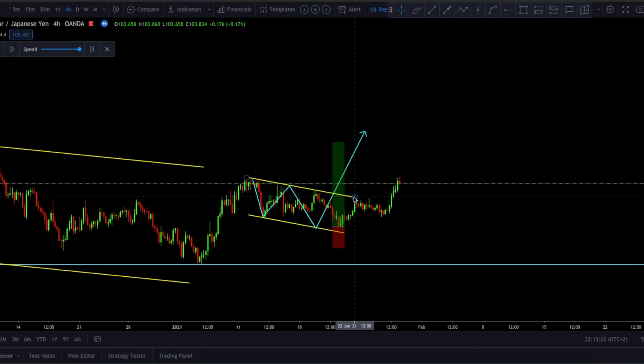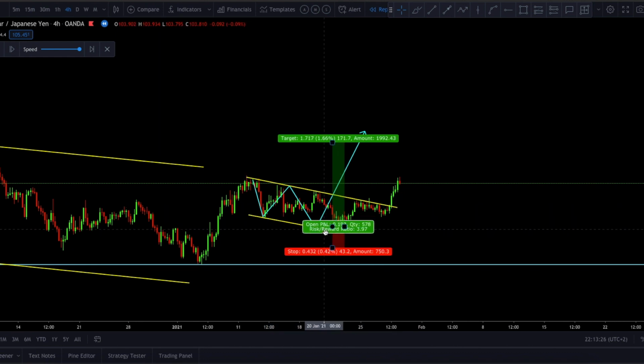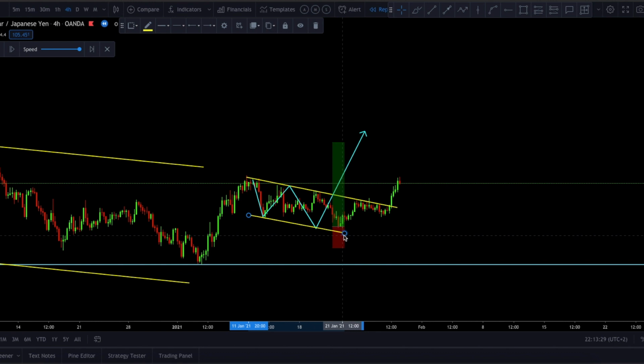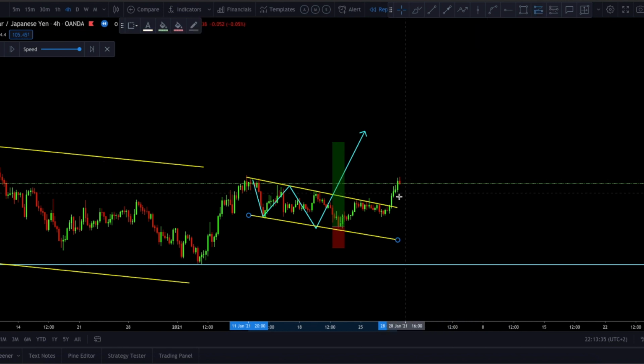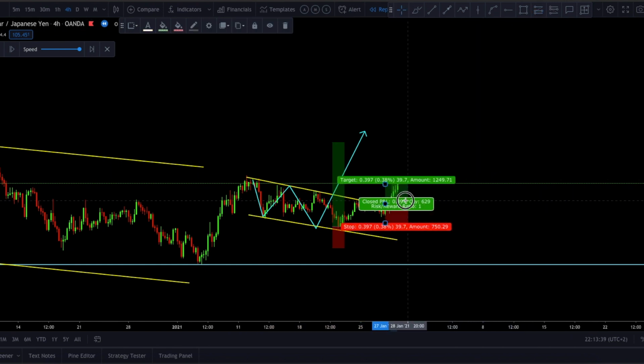And then it breaks the trend line now. Trend line is broken. The market decided to break the trend line. After the trend line is broken, you can also put another buy order here.